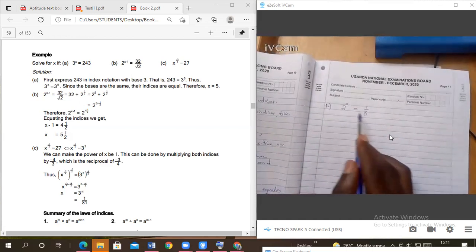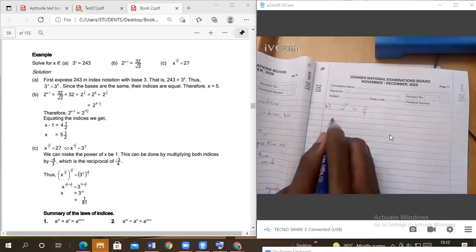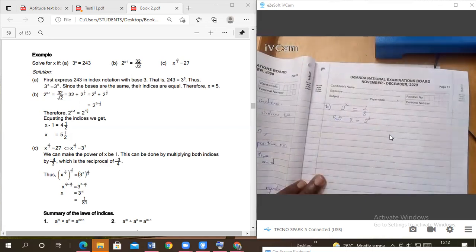When you look at this, the only number we can simplify to have a lower base is 8. 8 is the same as 2 to the power 3.